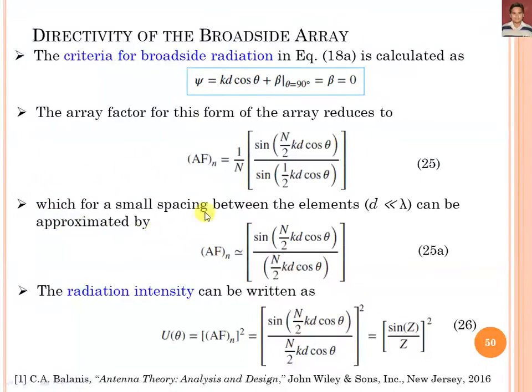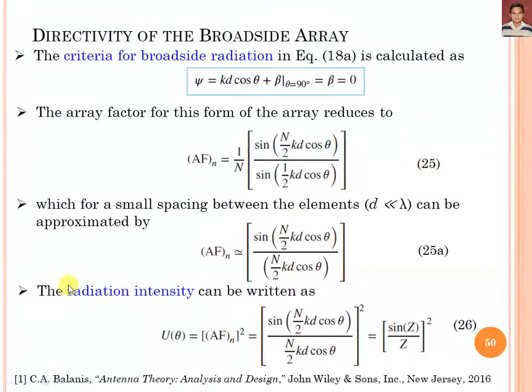If the spacing between the elements is less than lambda, we can approximate sin(1 by 2 kd cos theta) as nearly equal to 1 by 2 kd cos theta, where N is the dividend factor of the normalized array factor, as defined in equation 25.